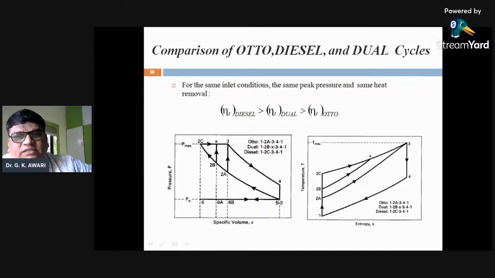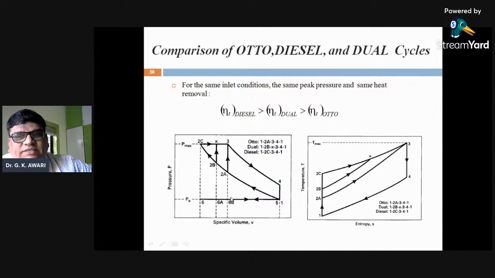In the diesel cycle, directly from 1 to 2c, then 2c to 3, 3 to 4 and 4 to 1. So here you can see the specific volume plotted versus pressure.